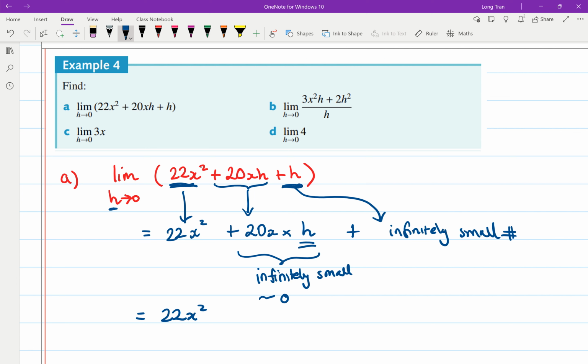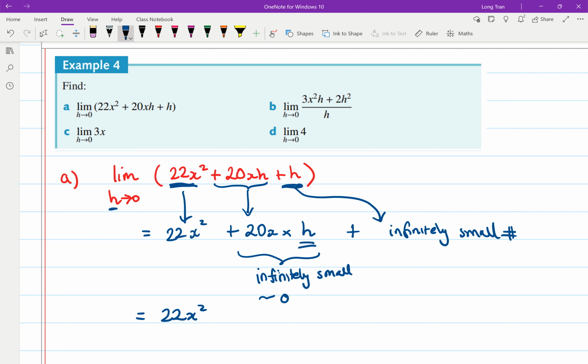So this skill here, what we're doing, is predicting. We're not saying it's exactly 22x squared, but we can predict in the infinite long term that's what it approaches, which is what probability and chance is like. When you're talking about flipping a coin, if each and every one of us had 10 goes to flip a coin, it's not that all of us are going to get 5 tails and 5 heads.